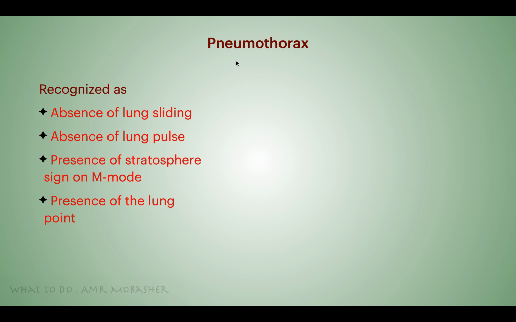Pneumothorax can be recognized by lung ultrasound by 4 signs: 2 absence, 2 presence. Absence of lung sliding. On the previous part, we saw and we knew what is lung sliding, what it looks like. So in pneumothorax, it is absent.